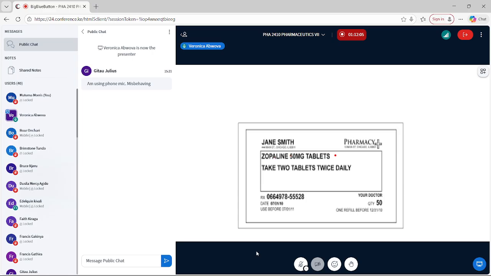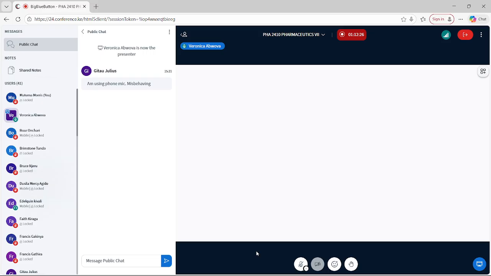You have Zopalin, 50 milligram tablets. You have take 2 tablets twice a day. Then you have the quantity over there. Again, this is probably a system-generated label, so it gives you the prescription number, and you can see it has an expiry date.